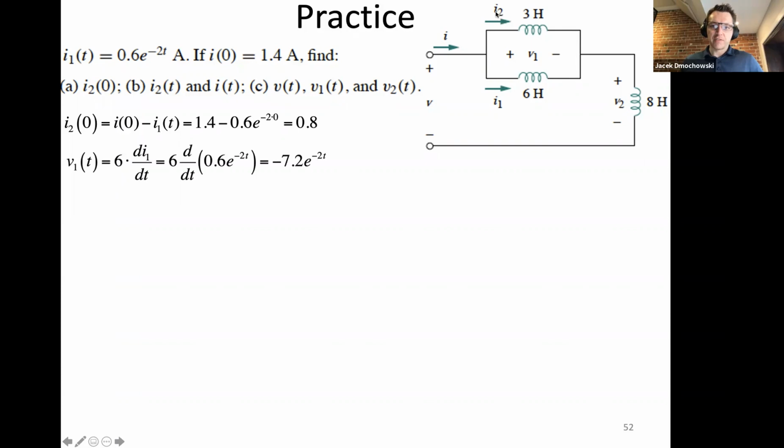If you had an expression for I2, you could have used that equally, but we're going to use I1. The derivative is negative 1.2 times e to the minus 2t, and that gets multiplied by the L, because the voltage across an inductor is equal to L times di over dt. So we now have an expression for V1 of t, which is great.